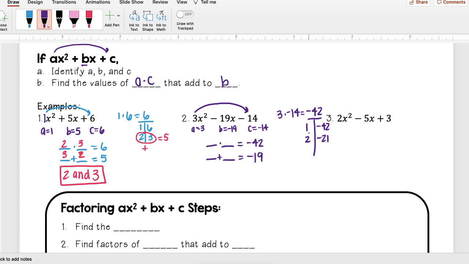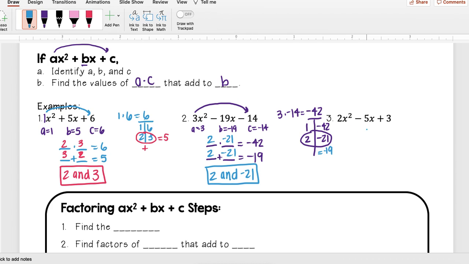And that does get me my negative 19. So my answer here is 2 and negative 21. 2 times negative 21 gets me negative 42. 2 plus negative 21 gets me negative 19.